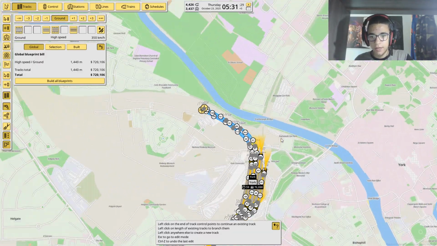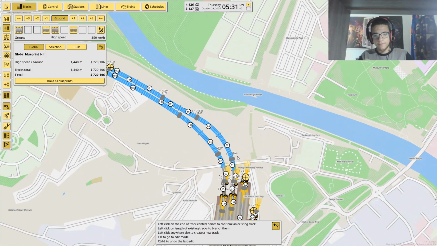And then I'm going to check if this is a 4-track the whole way until the junction. I think it might be. It is roughly still a bit 2-track, so it is going to be 2 tracks until, obviously, that main line comes in.